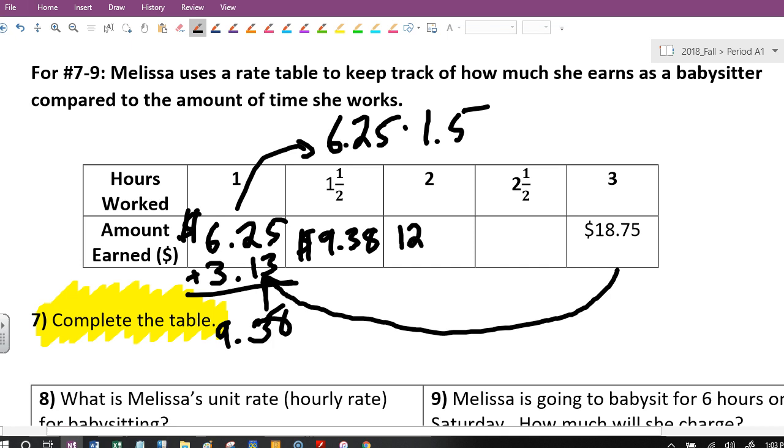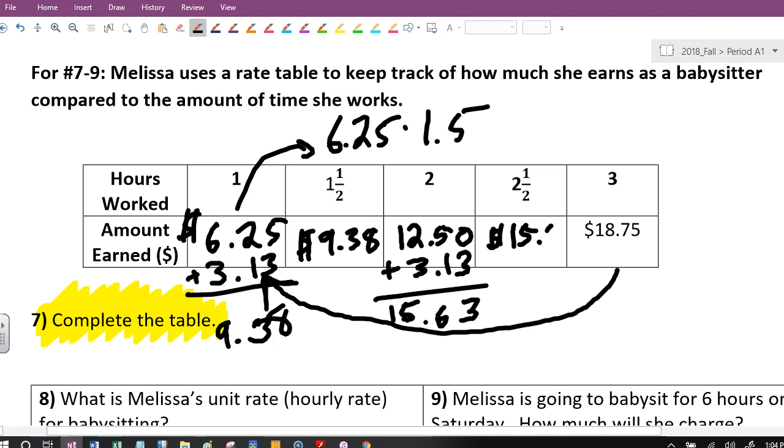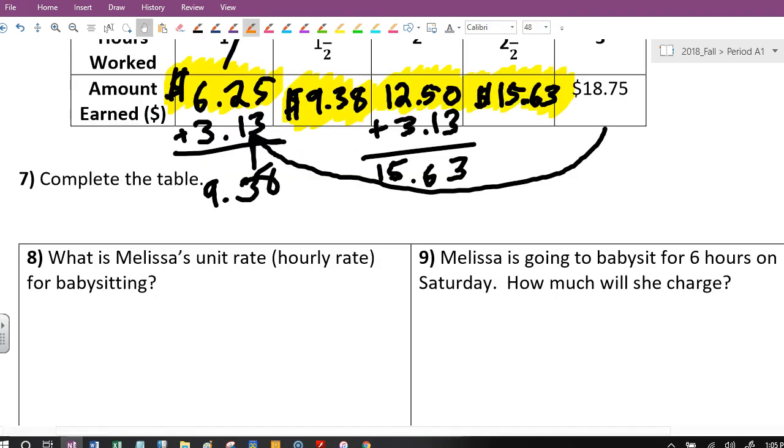And then 12.50. Yep, that was 2 times 6.25. Now we add another $3.13. Everybody's writing this down. 15.63. Am I right? Cool. She says I'm right. 6.25.